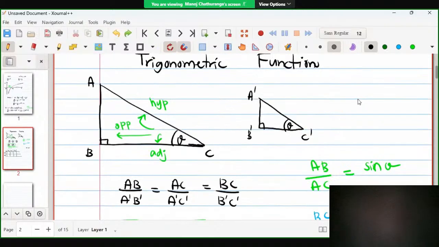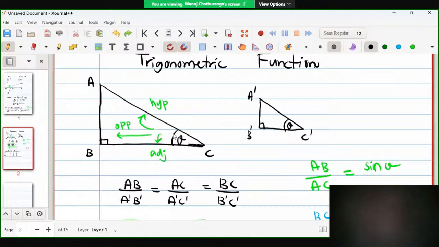If the angle is 0, we will have a degenerate case. There will be no triangle, just a line segment. If you think about what happens as we decrease this angle to 0, you see there will be no triangle. The same thing happens if you increase this angle theta to 90 degrees.